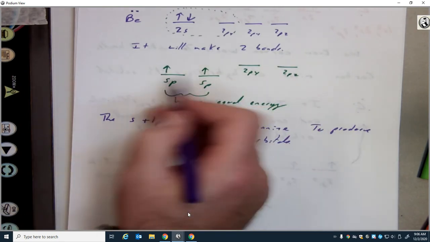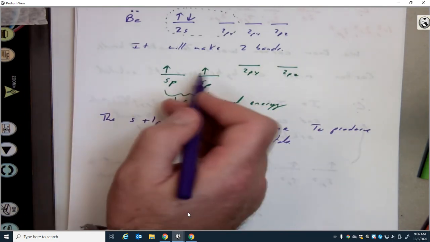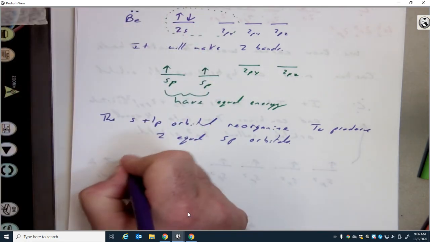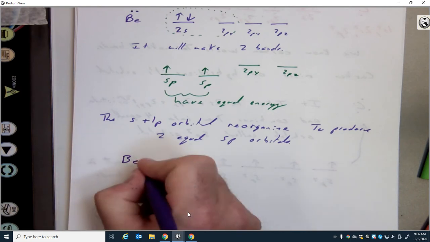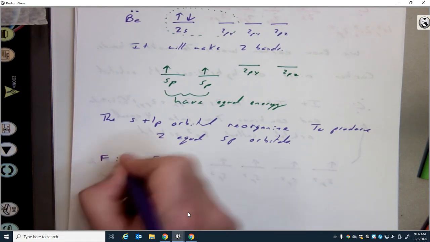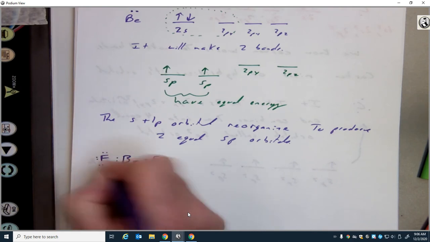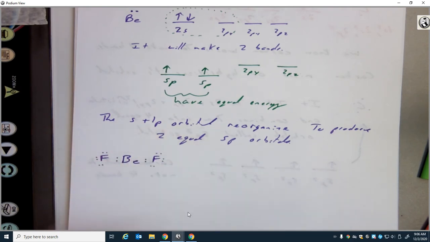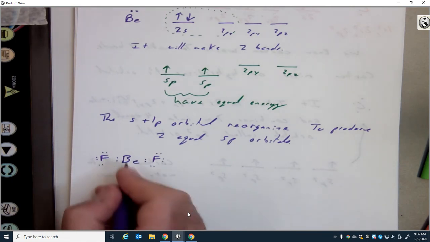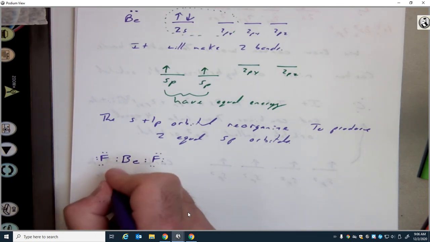Now, how many domains of bonding are there going to be around this beryllium? Well, if we look at beryllium fluoride, what's happening is we're forming a sigma bond. This is a sigma bond.